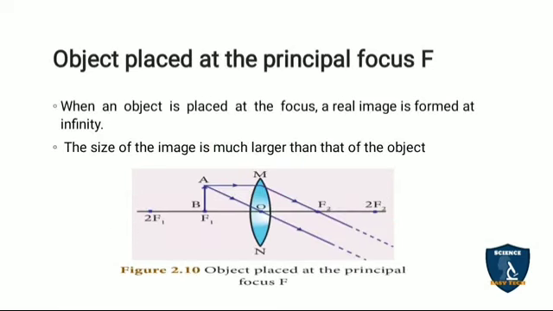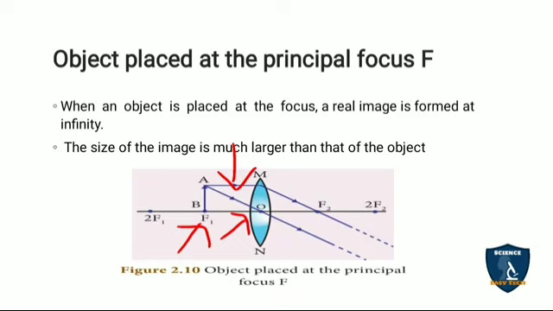The next, object placed at the principal focus F. When an object is placed at the focus, a real image is formed at infinity. The size of the image is much larger than that of the object. So here we place the object AB at F1.